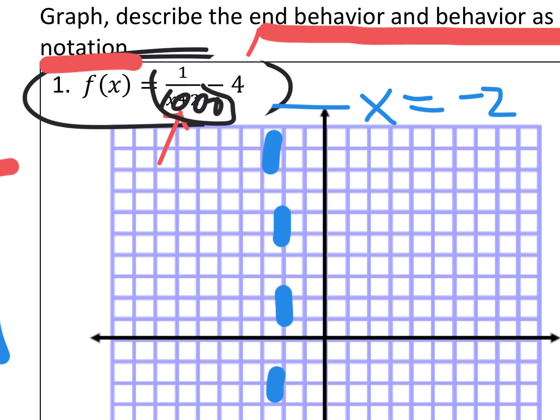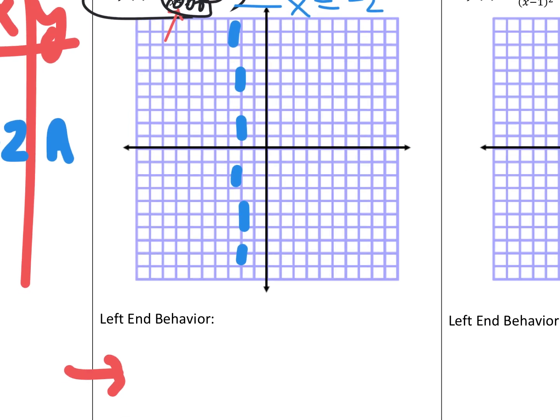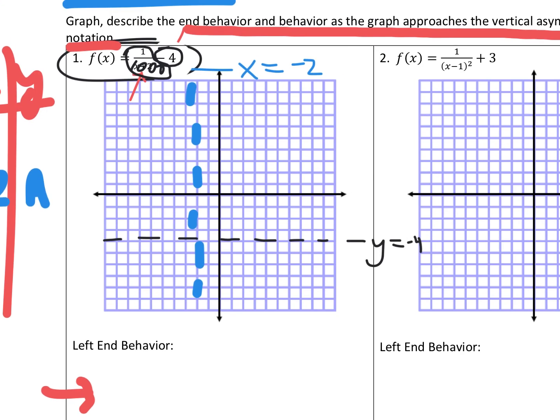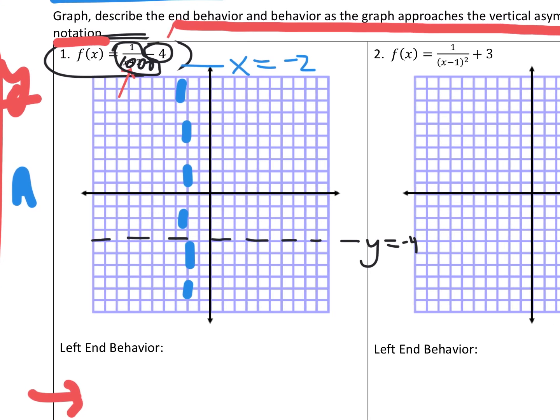And 1 over 1,000 is pretty much 0. So your final answer would be y equals -4. So that means this asymptote is at down 4 right here. There's an asymptote, the horizontal asymptote. Y equals -4. And the vertical one again was at -2, so that's x equals -2.